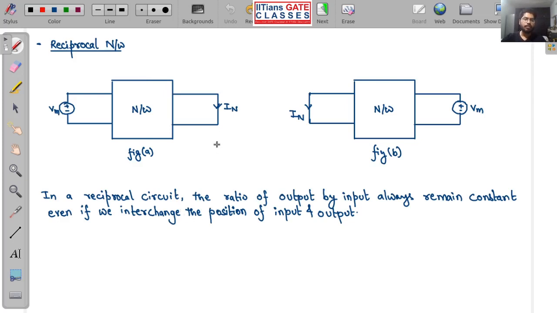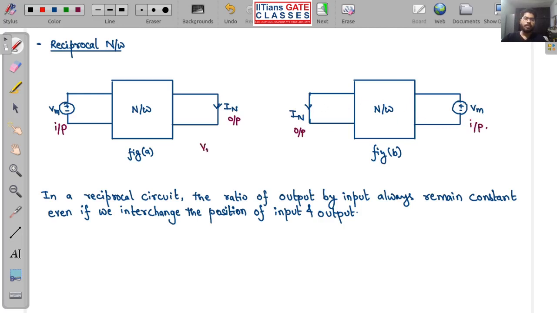That means here this is my output and this is my input. Now I have interchanged the output and input positions. So here it is output, this is my input. The only thing is I have interchanged the positions.